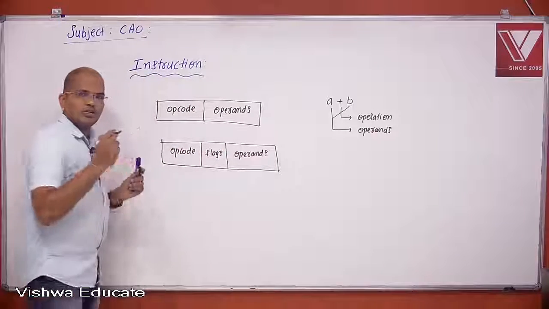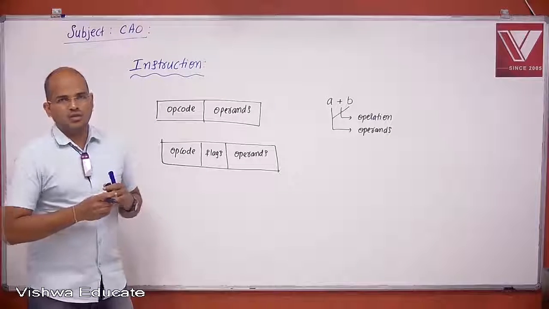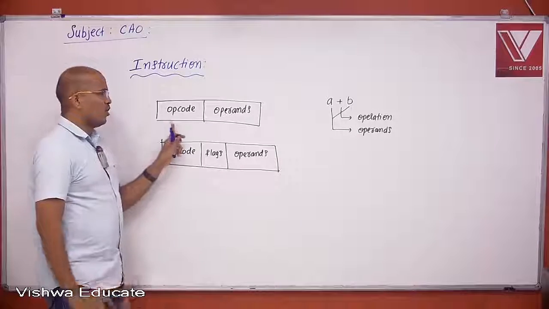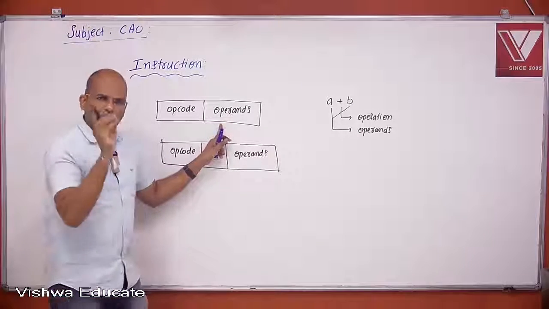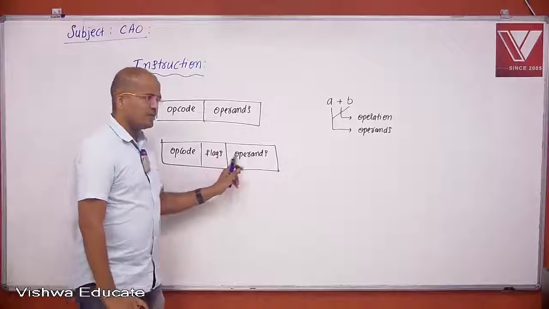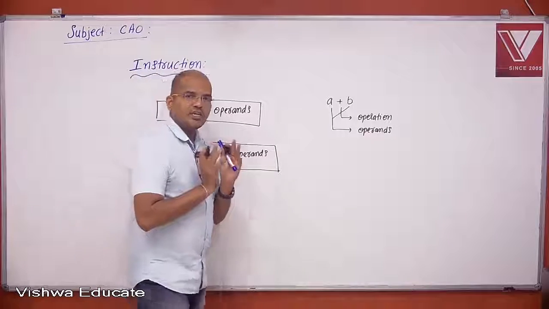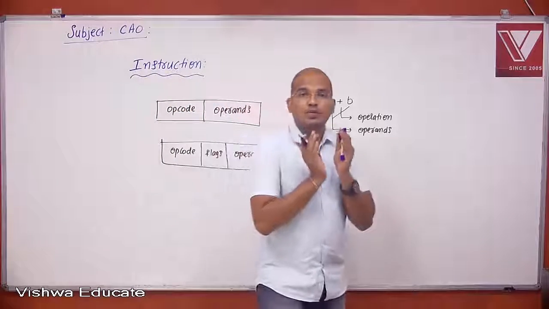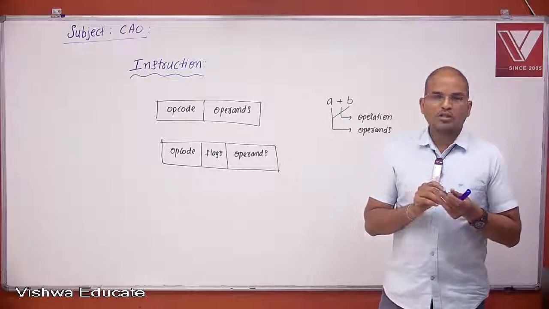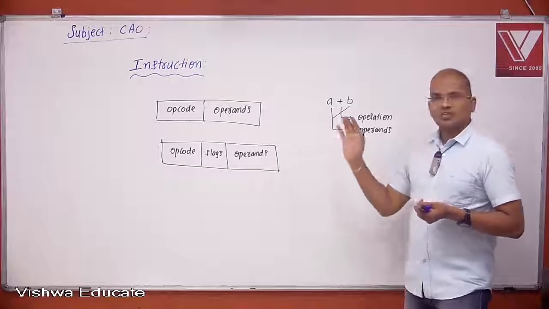Depending on the processors used, the formats of the instructions keep on changing. So the basic format is opcode and operands. A few processors also use this format: opcodes, flags and operands. I repeat, instruction format is processor dependent. Depending on the processor we use, the format of the instruction changes.